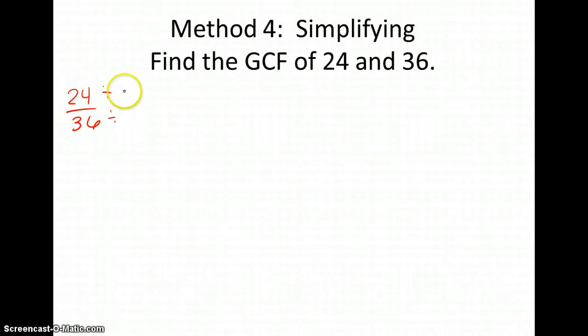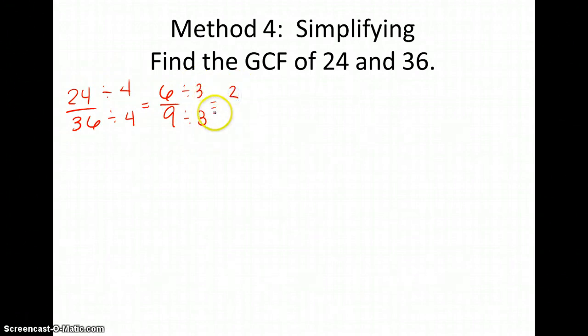Both can be divided by 4. 24 divided by 4 is 6. 36 divided by 4 is 9. 6 and 9 can be broken down again. They have a common factor of 3. 6 divided by 3 is 2. 9 divided by 3 is 3. Since this ratio is in simplest terms, I know I'm done.